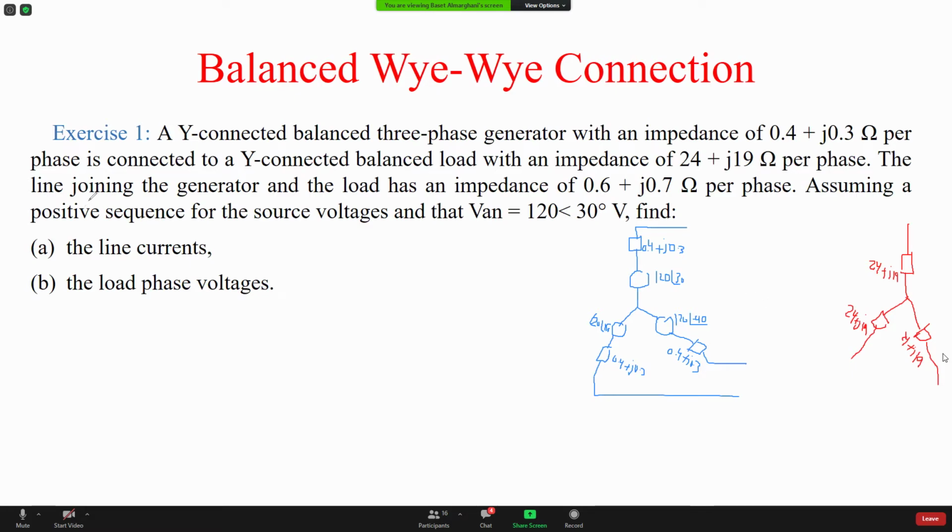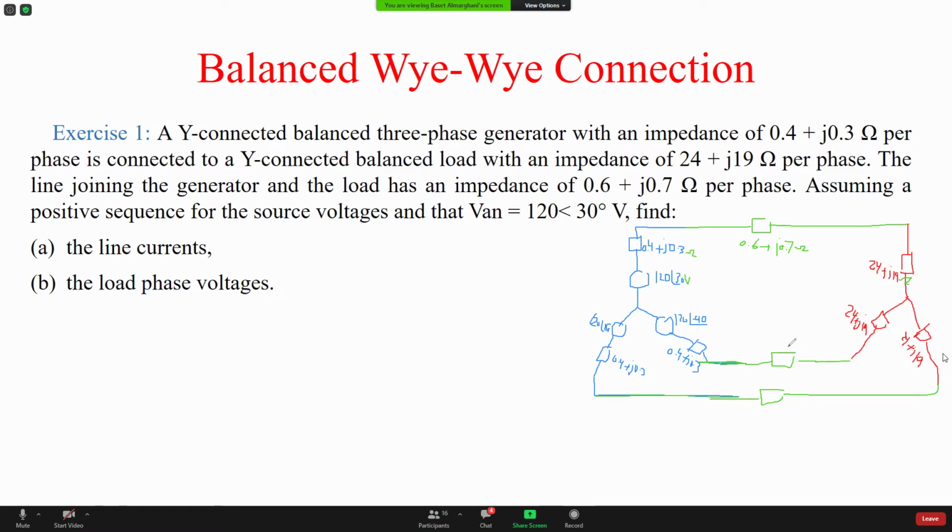Between them, they're connected with a line that has this impedance per phase. So I'm going to put the line. This is the line. I'm just putting them in different colors so we can see where the line is. So this is the line until this point here. And the line has an impedance of 0.6 plus J0.7 ohm. Now these are ohms, by the way, and those are volts.